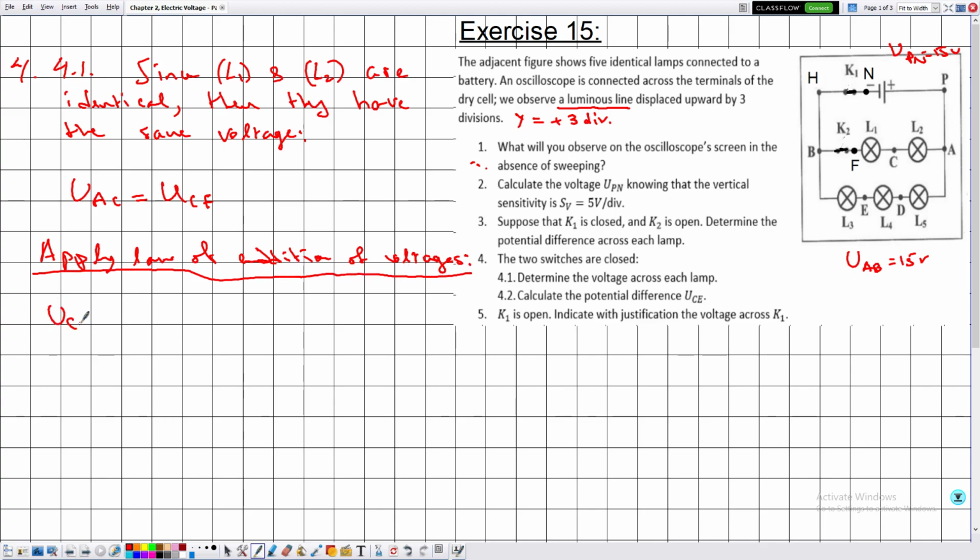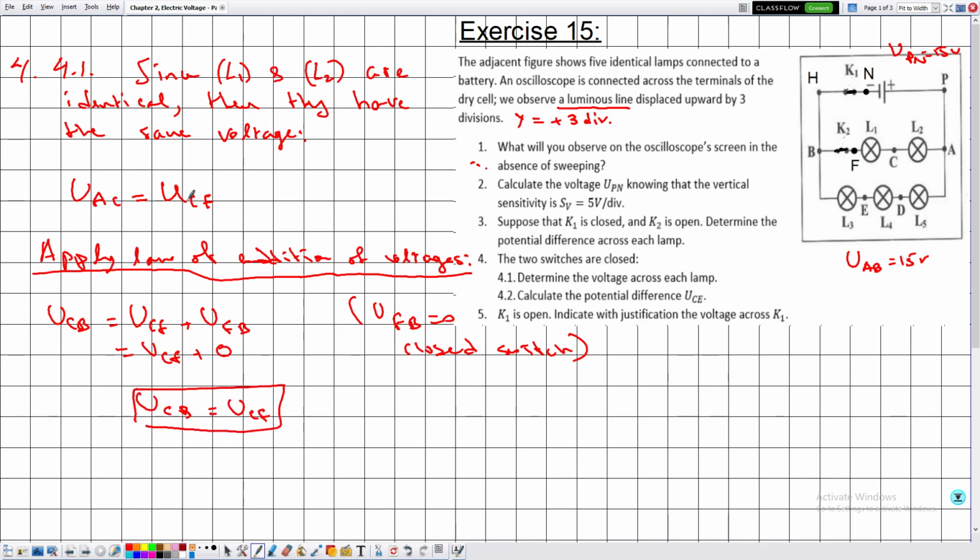So UCB is equal to UCF plus UFB, knowing that UFB is equal to 0, and the reason is given by a closed switch. So in this case, this is equal to UCF plus 0, so UCB is equal to UCF.